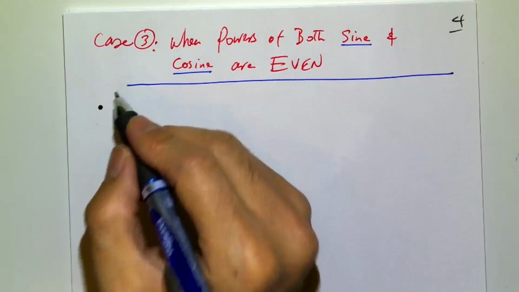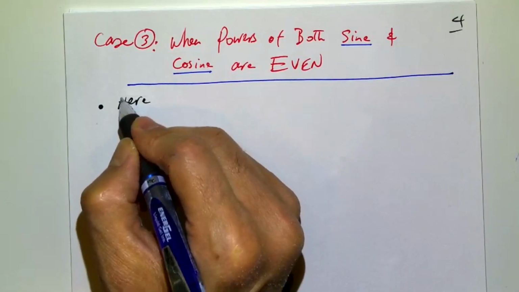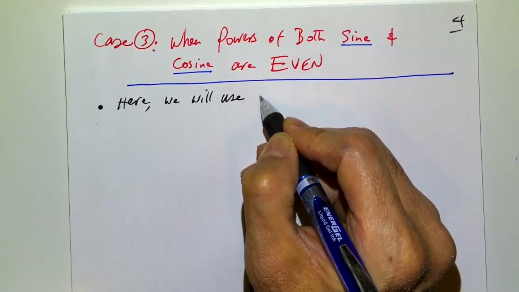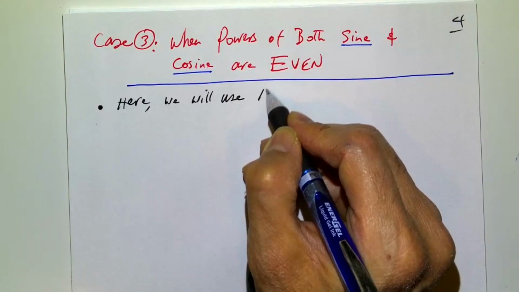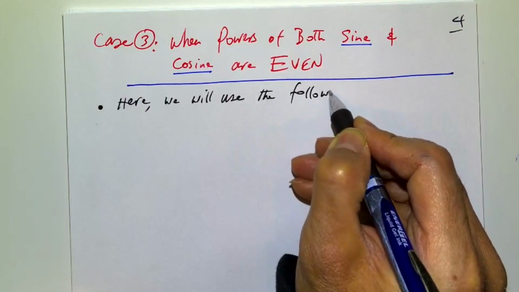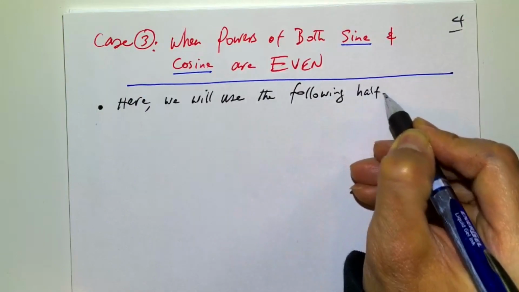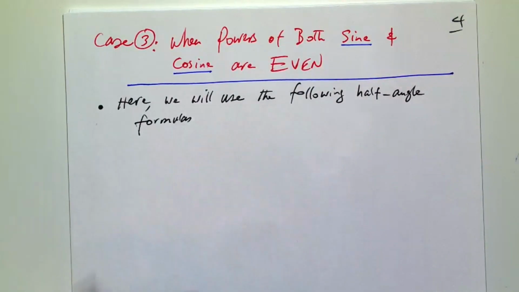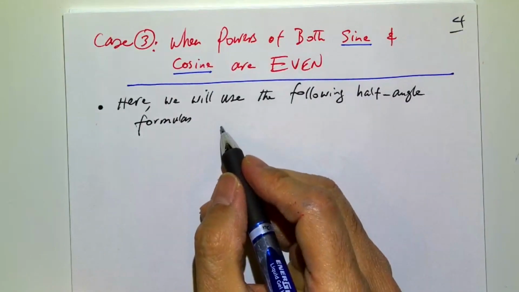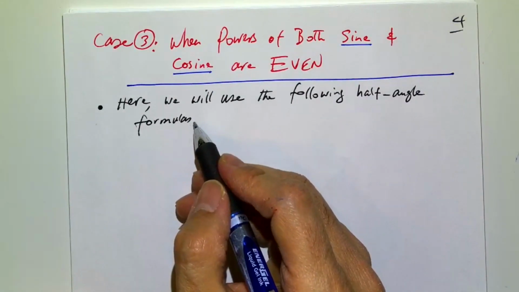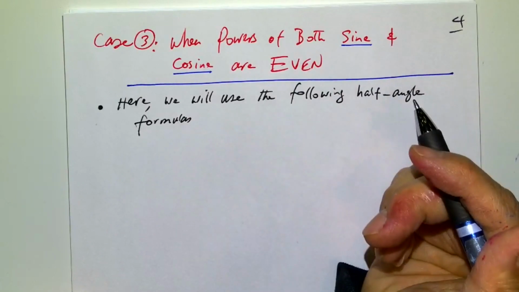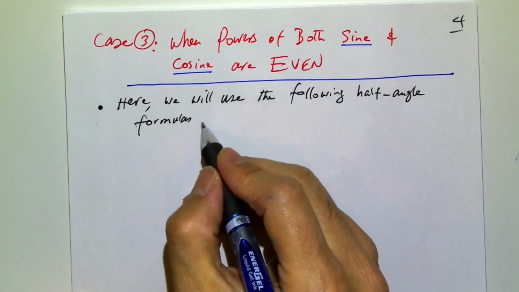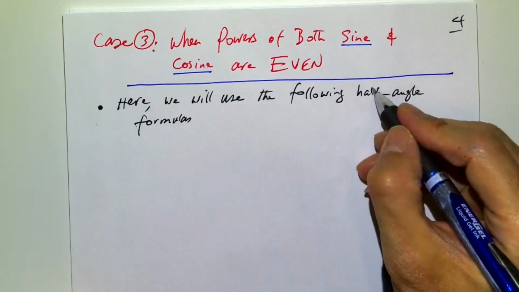So we will use the half-angle formulas, and I should say not only these, but any other identities or creative ideas. So let me add that too, because they also can be used.